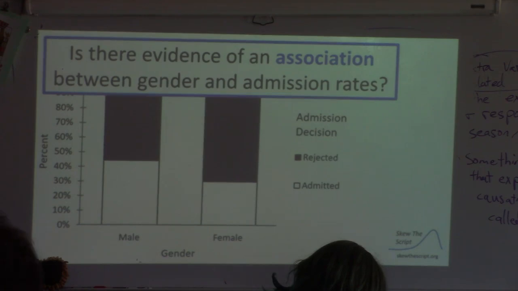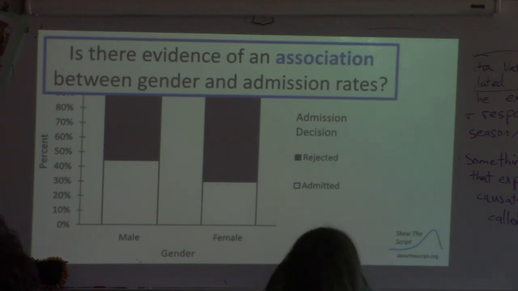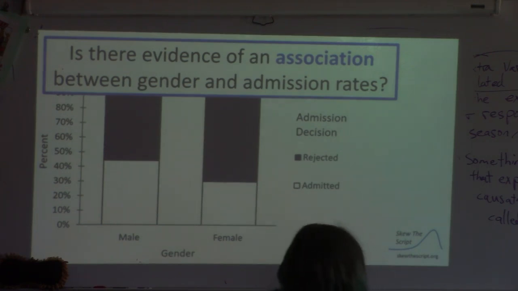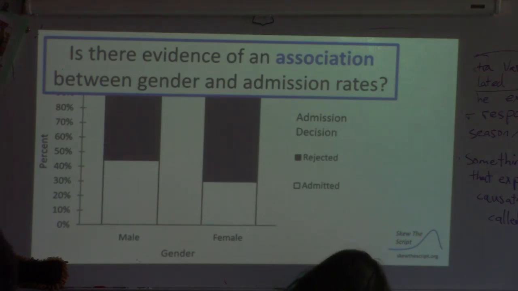So is there evidence of an association between gender and admission rates? Yes. Remember when we talked about association, what did y'all write in your notes about identifying association? If we change gender, does that affect the other variable, admission rate? Yes. So that's what we want to recognize. Is there an association?